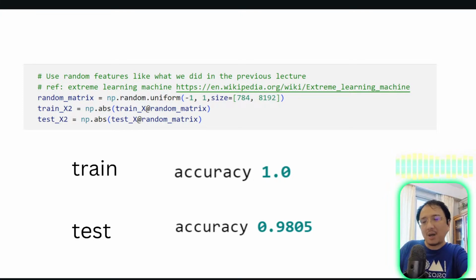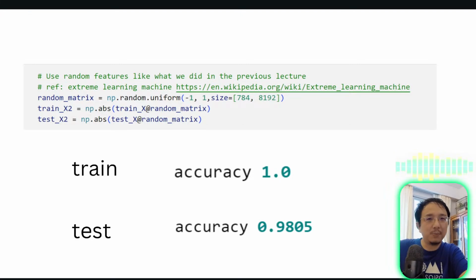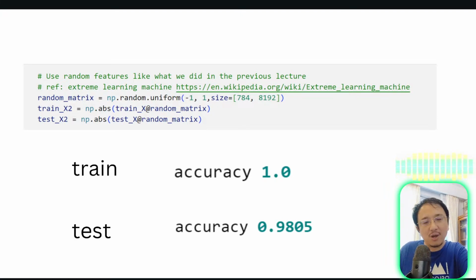This is probably because if you are using more features like 16,000 features, just like what we did for linear regression, the accuracy won't increase too much. It is usually still a little bit over 98%. So in this case, logistic regression does not beat the linear regression too much.